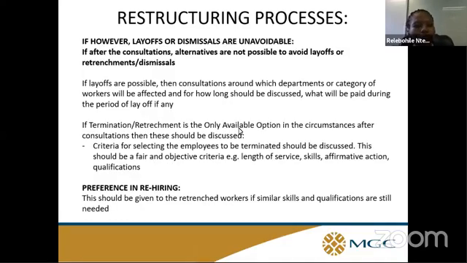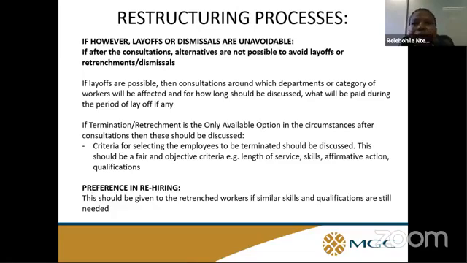In the event, however, that retrenchment is unavoidable, or even that layoffs are not helping the employer address the problem, then, as we know, the process starts again. We consult the workers and look at the alternatives, where now we are saying all the alternatives are not possible to address the issue at hand.